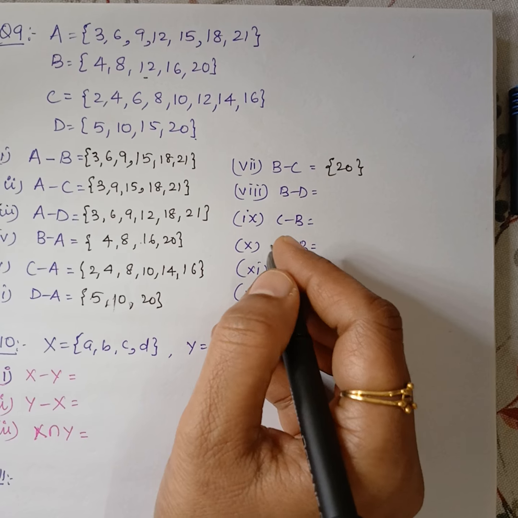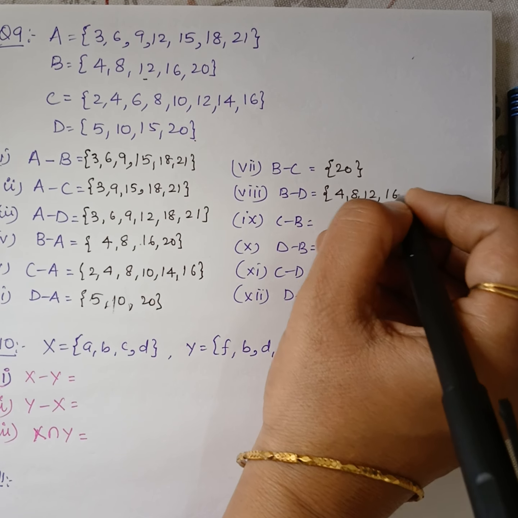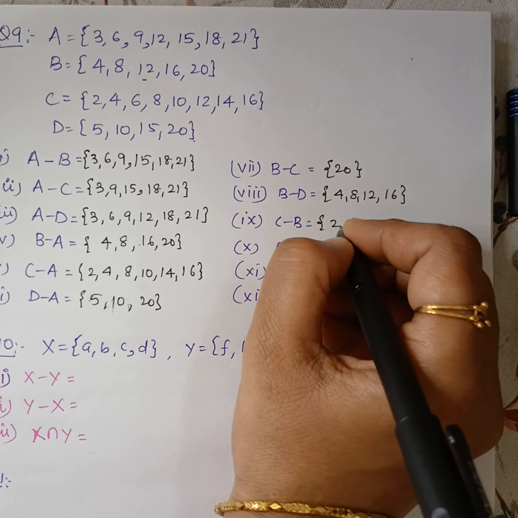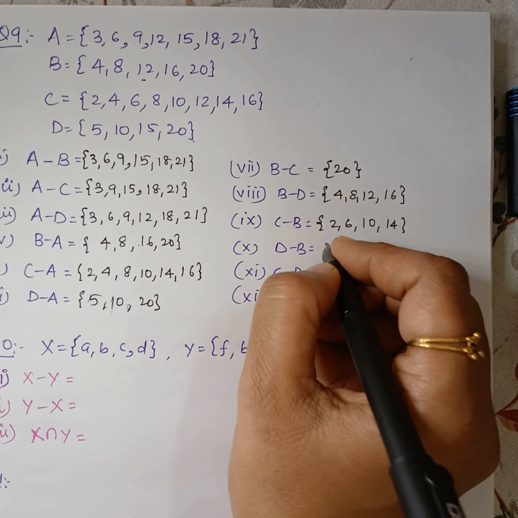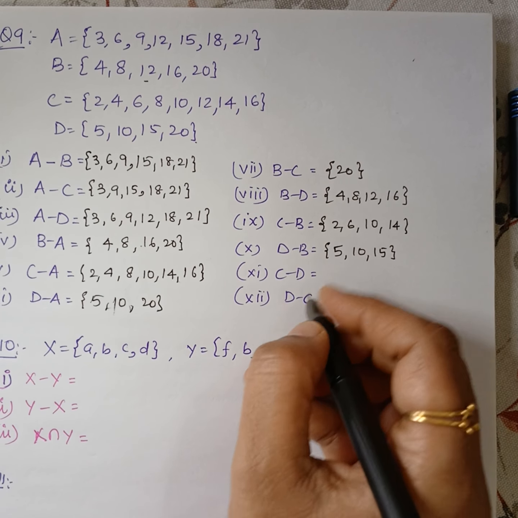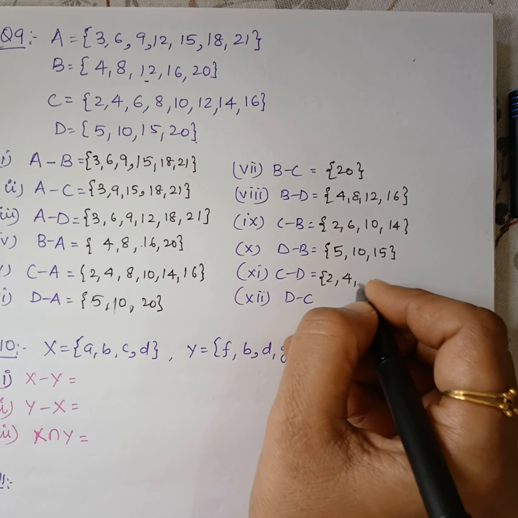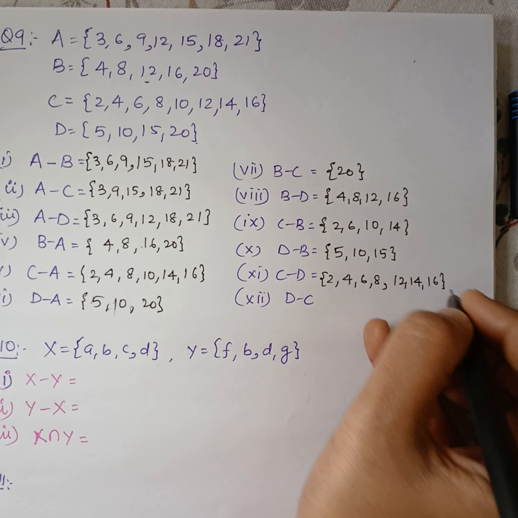So I have removed all the elements. Then B minus D will be 4, 8, 12 and 16. C minus B is 2, 6, 10, 14. D minus B is 5, 10, 15. C minus D is 2, 4, 6, 8, 12, 14 and 16.